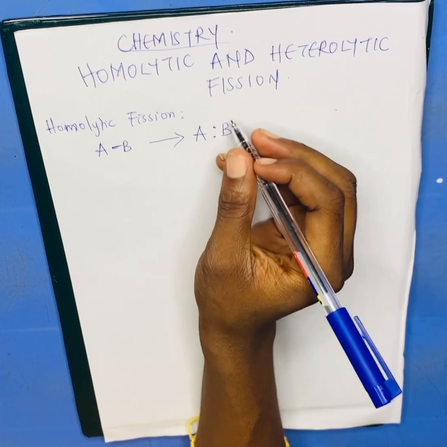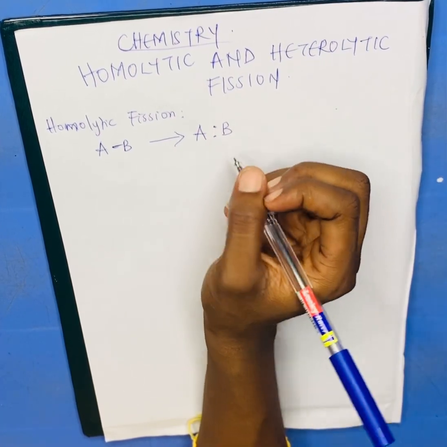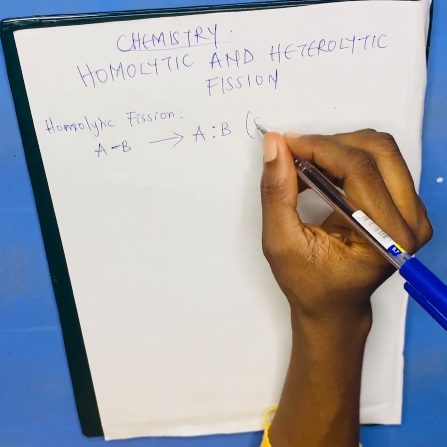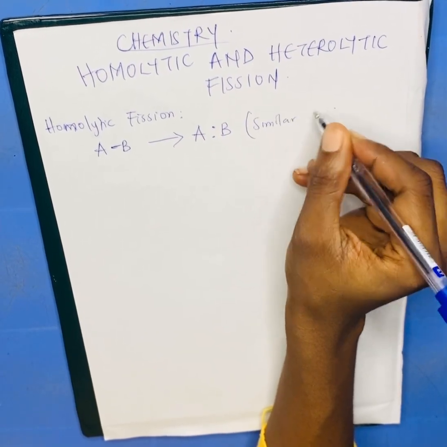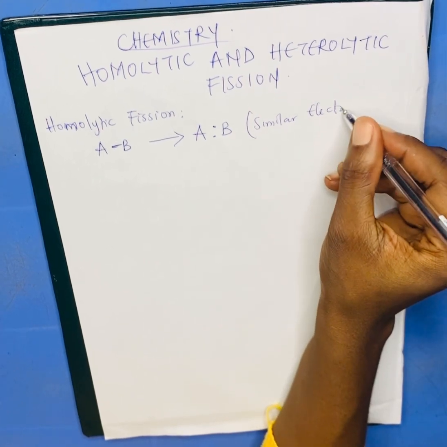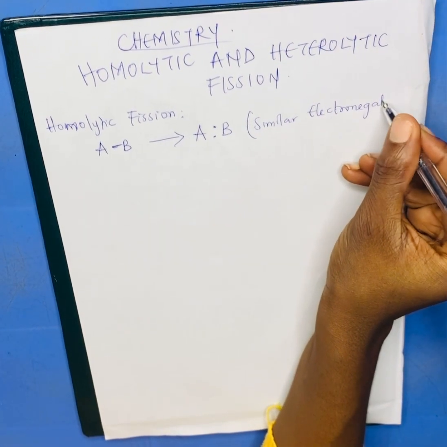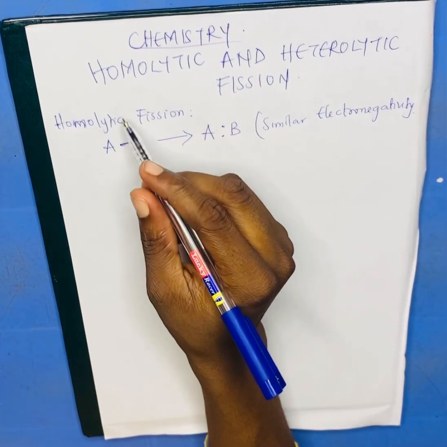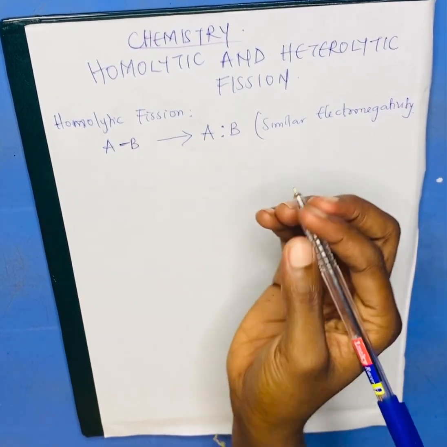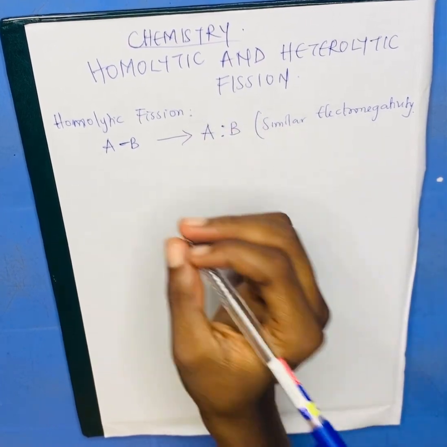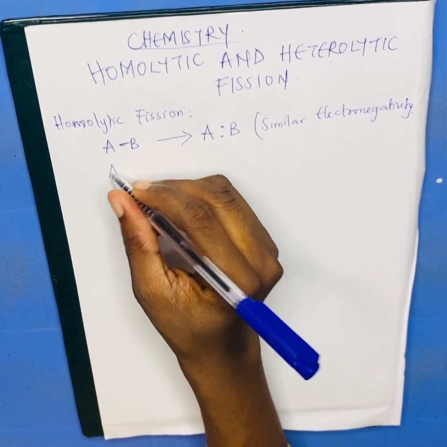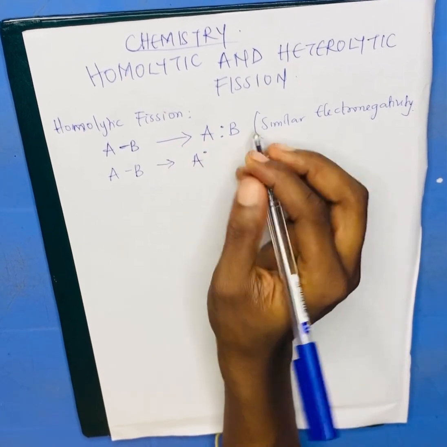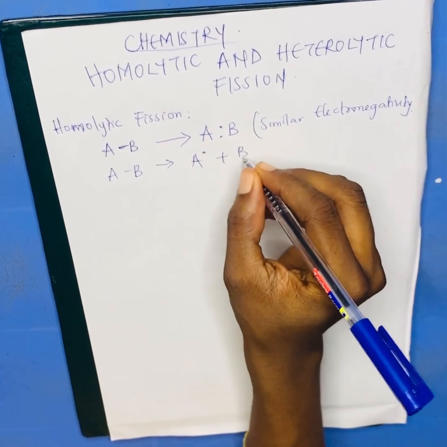Both of them share these two electrons, and both of them have similar electronegativity. When they cleave, when there is fission between those two, they become radicals. So we have something like this, that when they cleave would have A being a radical, also B being a radical.